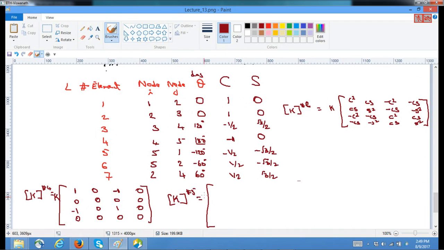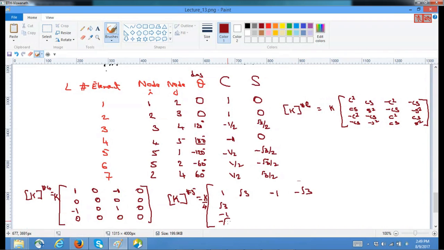So small k by 4 will still be there, and C square would be 1, CS would be root 3, minus 1, minus root 3, root 3, minus 1, just by symmetry I'm writing it, minus root 3.